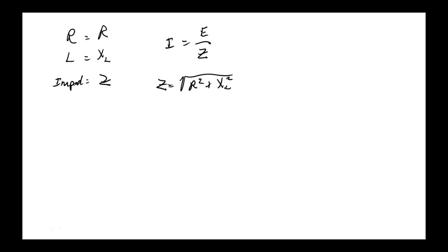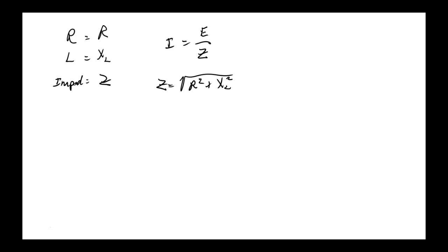That looks like the good old Pythagorean theorem, doesn't it? R is one leg, X sub L is another leg, and Z would be the hypotenuse. That's exactly C equals the square root of A squared plus B squared. That's the same place it comes from.